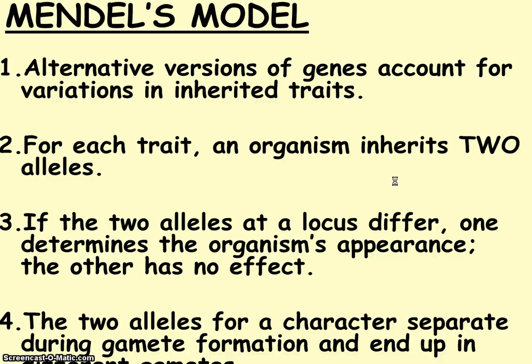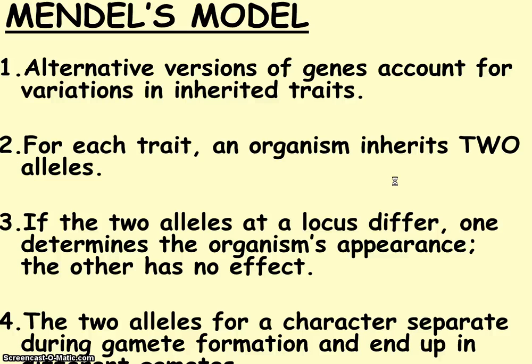What Mendel found. So, he found alternative versions of genes account for variations in inherited traits. Basically, you always have two alleles, and there's different versions. It would be big T, small t, small t. For each trait, an organism inherits two alleles, one from mom, one from dad.